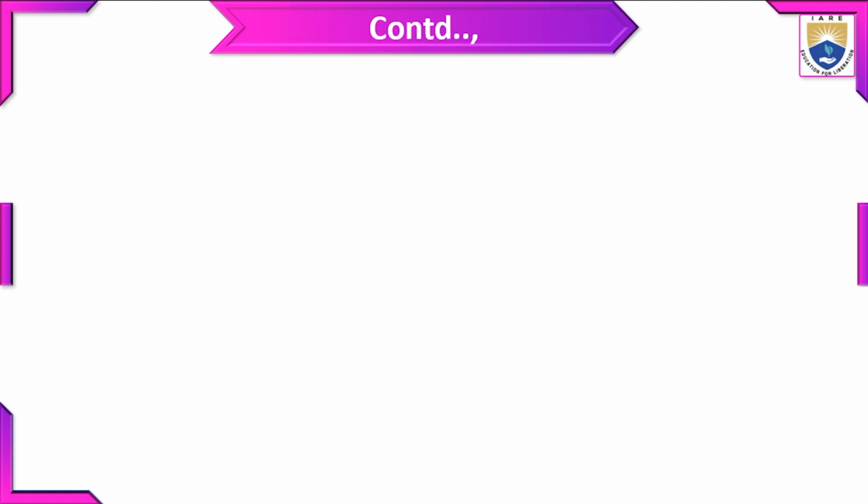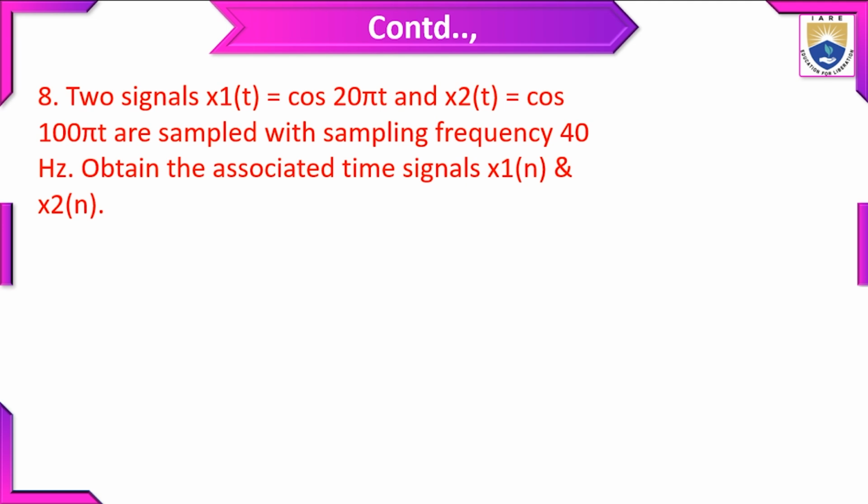And coming to the other problem. Two signals x1 of t and x2 of t are sampled with a sample frequency of 40 Hz. Obtain the associated time signals x1 of n and x2 of n. That means after sampling, it is in discrete form.